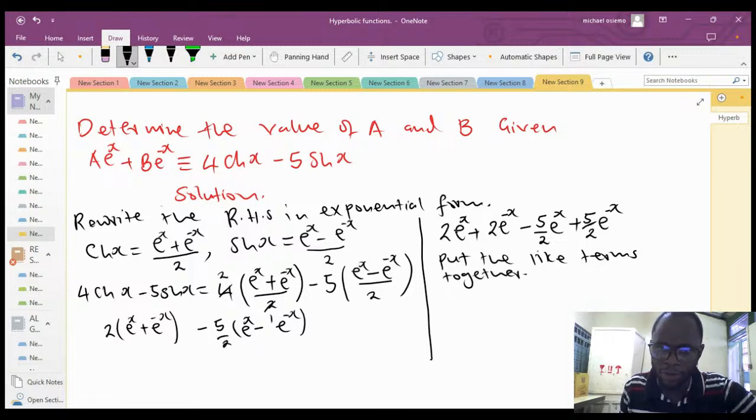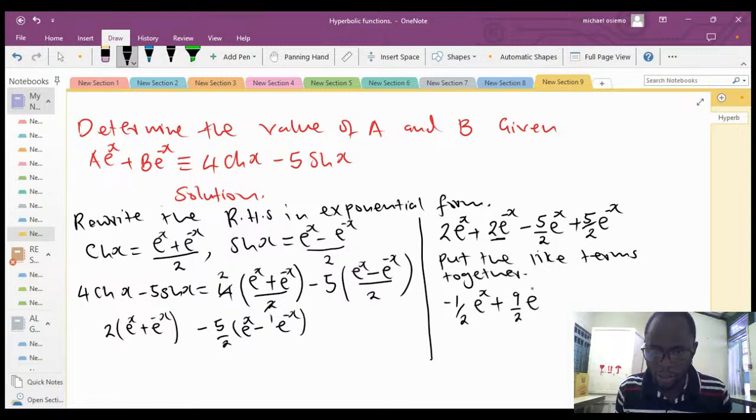So we're going to have 2 exponential x minus 5 over 2 exponential x. We shall have 2 minus 5 over 2, which is negative 1 over 2 exponential x. Then now we have 2 plus 5 over 2, then we shall have 9 over 2, so it will be plus 9 over 2 exponential negative x.